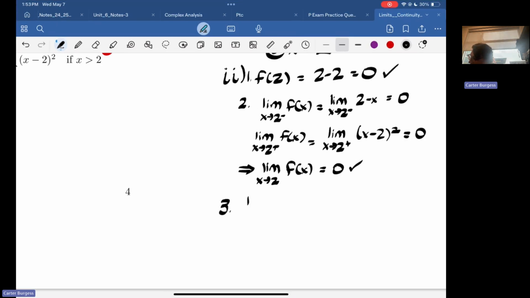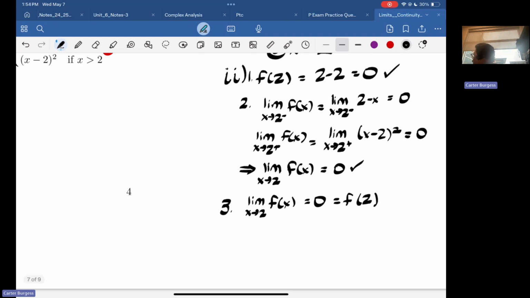And so what we would say here is that the limit as x approaches 2 of our function is 0, which is the same thing as f of 2. Therefore, f of x is continuous at x equals 2.